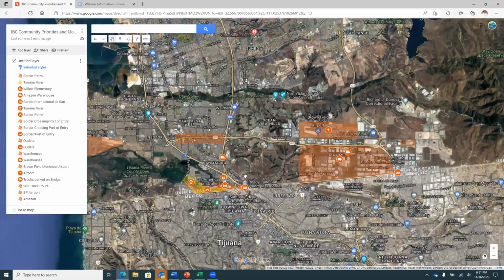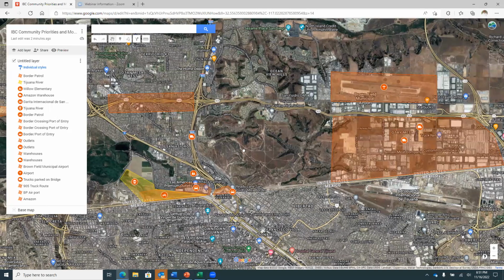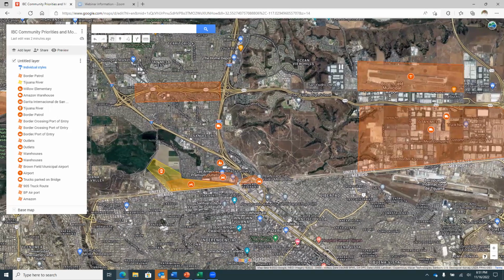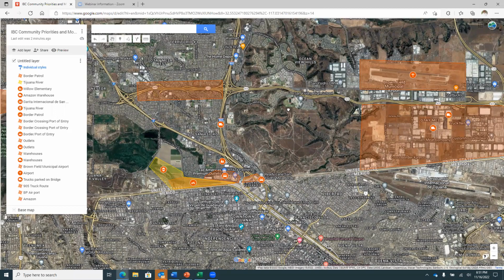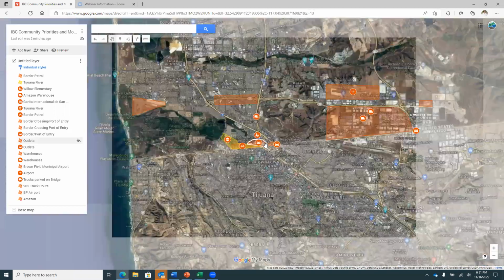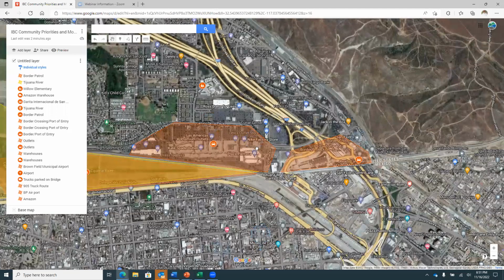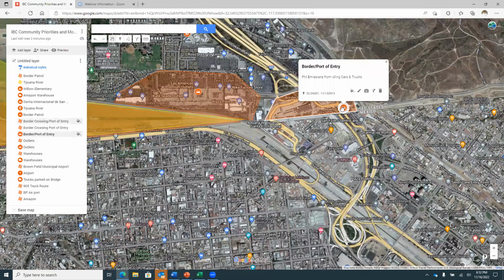I can go ahead and just comment that one of the biggest concerns has always been the border wait times. And unless that border wait time changes, the pollution is going to persist and keep increasing.